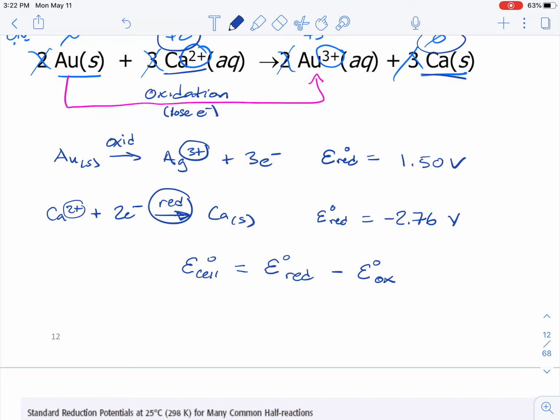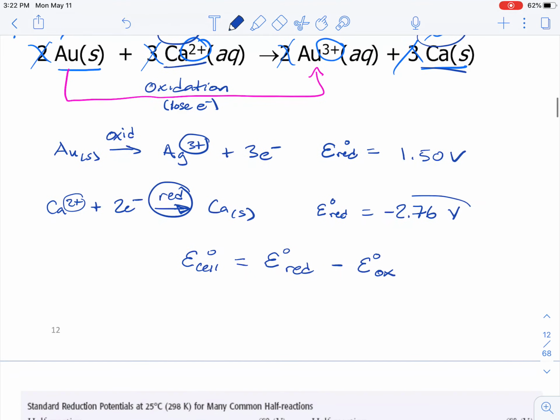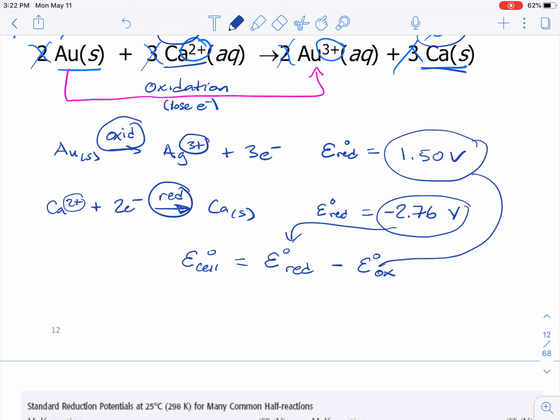Since calcium is undergoing reduction, I'm going to take this number and place it here. And since gold is undergoing oxidation, I'm going to take this number and place it here. So the standard cell potential is going to be negative 2.76 volts minus 1.50 volts.